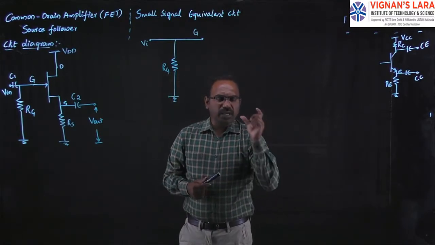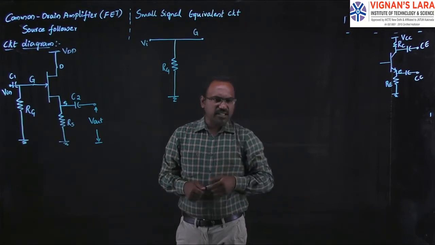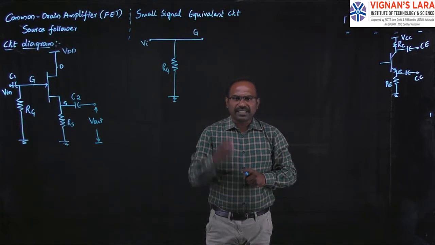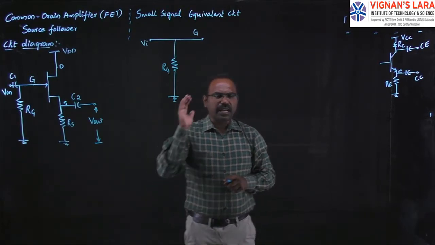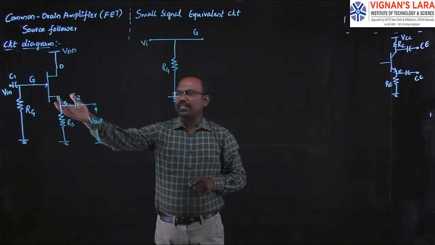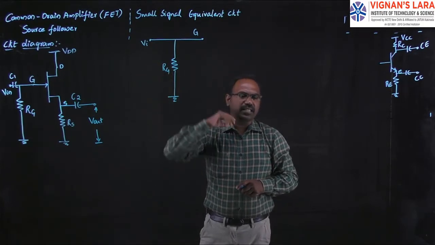While we are doing the DC analysis, we have previously discussed the DC biasing for field effect transistor. At that time, I removed the AC signal source and I short circuited the capacitor. But here I am replacing my transistor with a small signal model. That means I have to do the AC analysis.